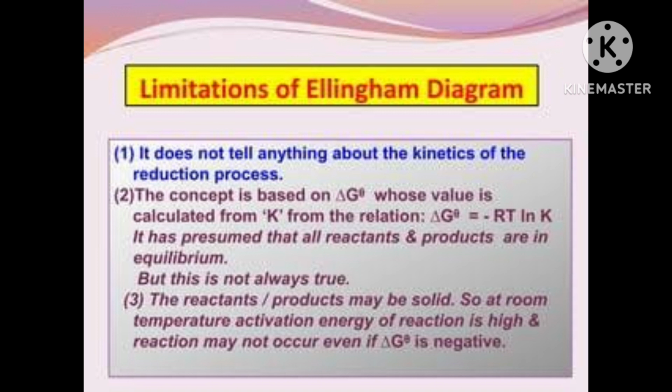Similar diagrams are also constructed for sulfides and halides. The Ellingham diagram I told you about is for oxides, the formation of metal oxide from the metal, for example Zn to ZnO.